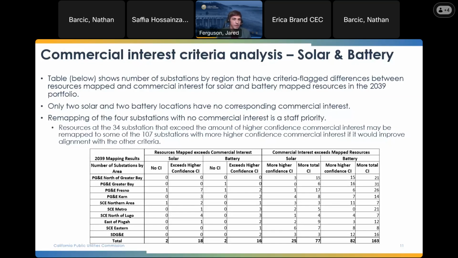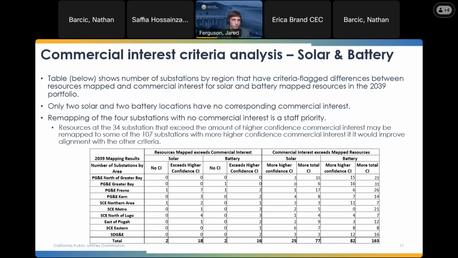And you can see as a quick view we have only a few substations: two for solar, two for storage where we have no commercial interest. And then we have about 34 substations where we are exceeding the higher confidence commercial interest, but not the total.